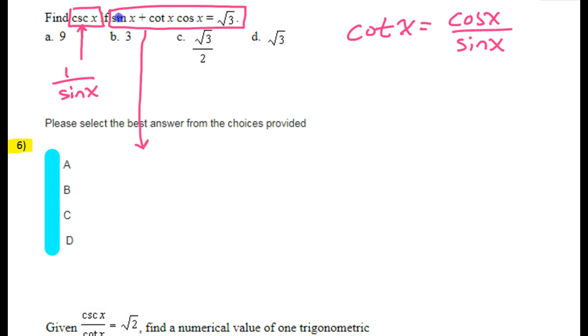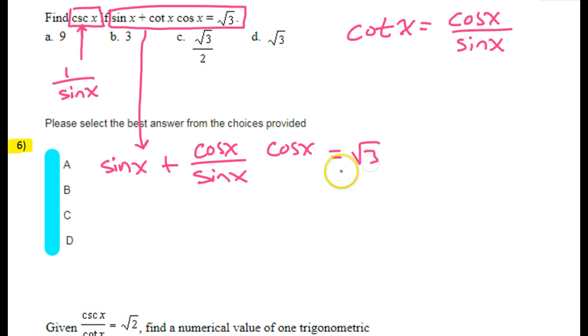So I'm about to make that substitution right here. So that's going to give me sine x plus cosine x over sine x, times cosine x, is equal to radical 3.